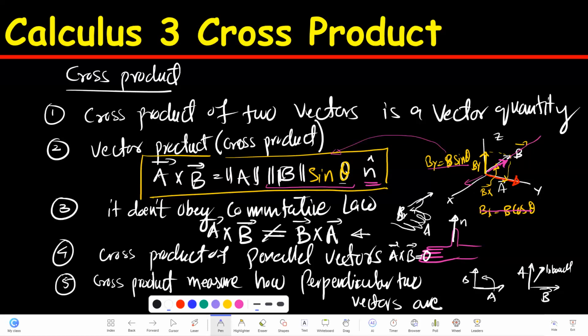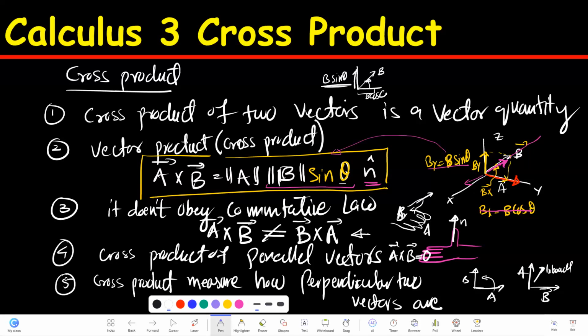Will you talk more about when we have to use sine or cosine in the cross product equation? So for the cross product, this is a standard formula. Let me put it this way. If you have a vector B and this angle is theta, then this component is B cos theta, and this component is B sin theta.